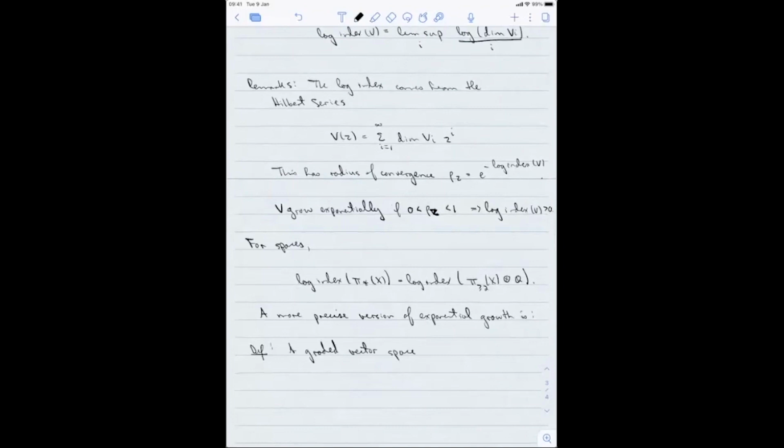Essentially, what you want to have happen is when you have exponential growth, potentially it could come in spurts. You go really fast and then slow for a bit, and then really fast and slow for a bit. And what they're trying to do is give a definition that avoids this, so that the exponential growth is kind of steady throughout.